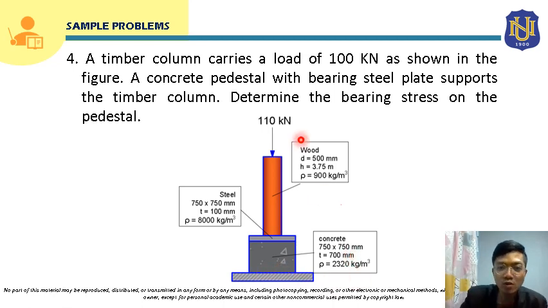So what we're going to solve here is the bearing stress on the pedestal, meaning the bearing stress on the concrete. To solve for the bearing stress, we have to solve for the bearing force and the bearing area. So let's solve this problem.